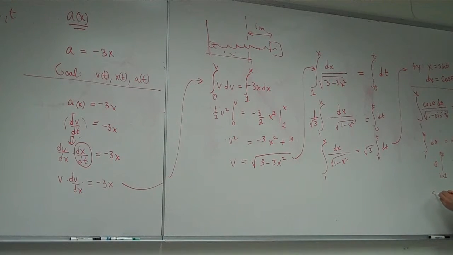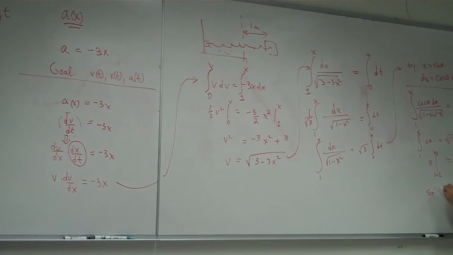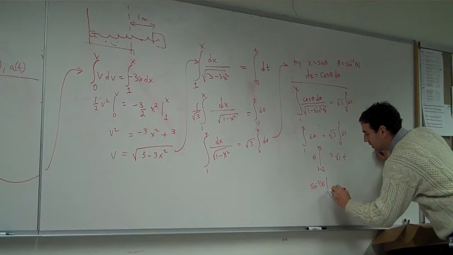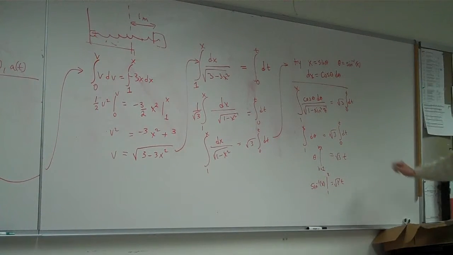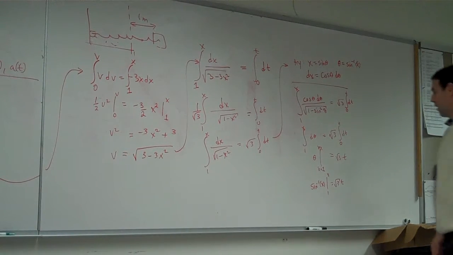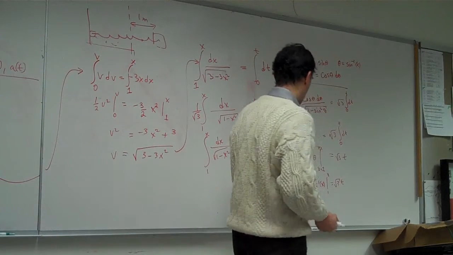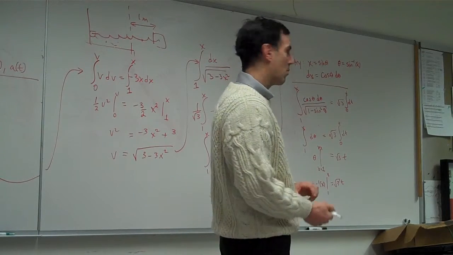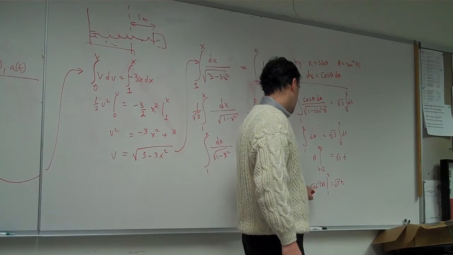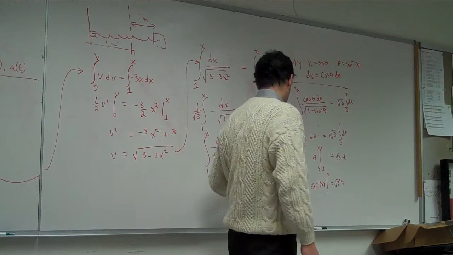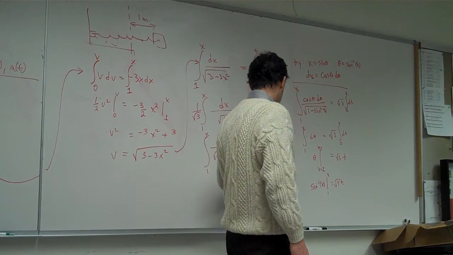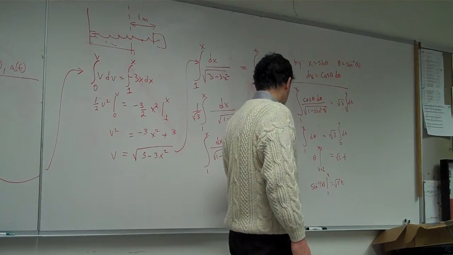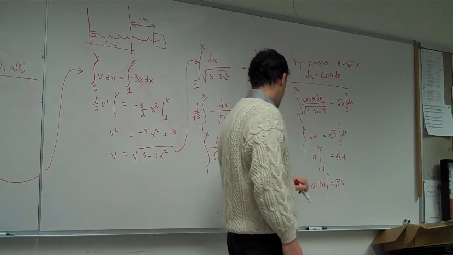So theta is sine inverse x, 1 to x, equals the square root of 3t. Now I plug in my limits, so we get sine inverse of x minus sine inverse of 1 equals the square root of 3t.